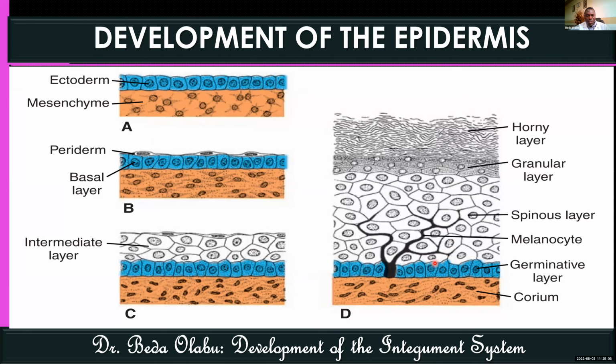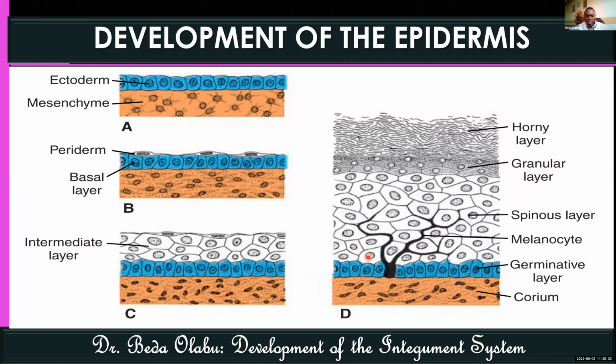But also I want you to notice on the last image there that by this time towards term, we also already have neural crest cells having migrated to the skin, and so giving rise to the melanocytes, and those melanocytes have already developed the processes which now distribute the melanin pigment to the surrounding keratinocytes.